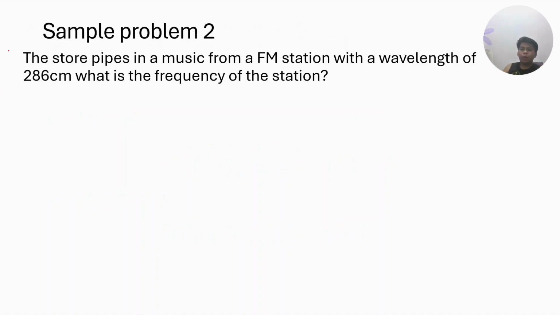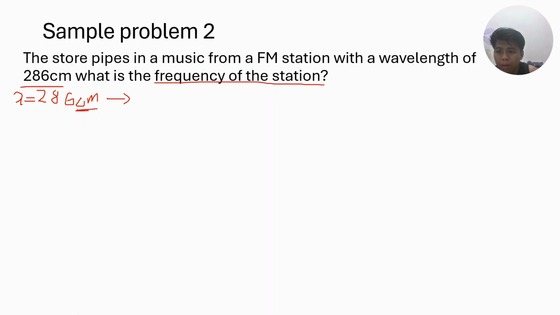Now, next problem. The music from an FM station has a wavelength of 286 centimeters. What is now the frequency of our station? So, now we are looking for the frequency. Again, we go back to the format on how we solve our problems. We start first with our given, 286 centimeters.